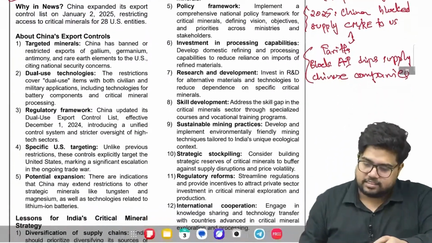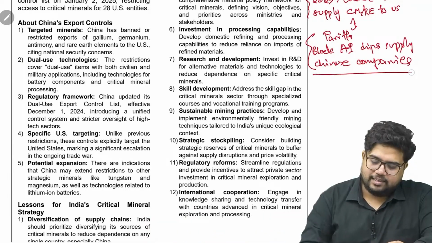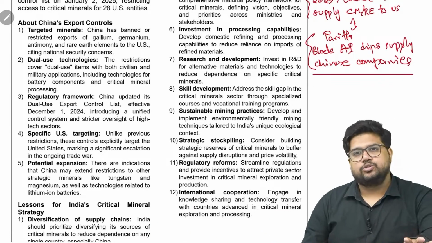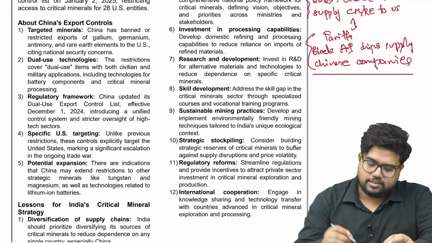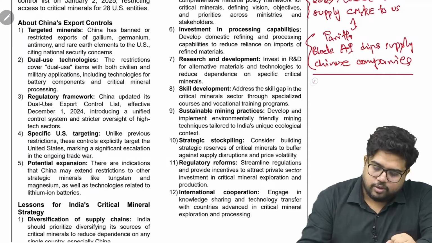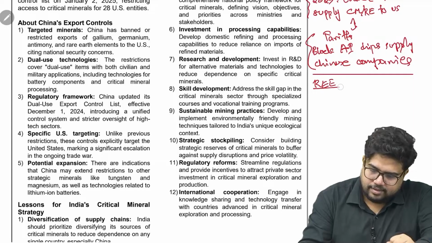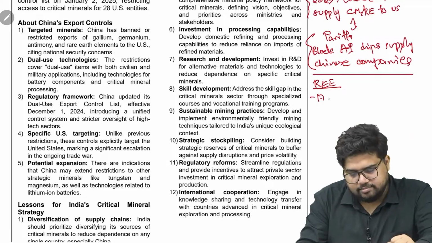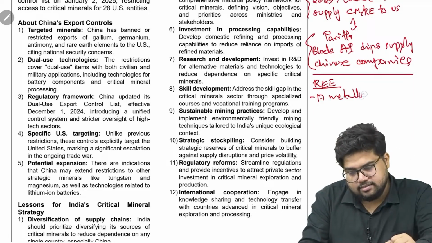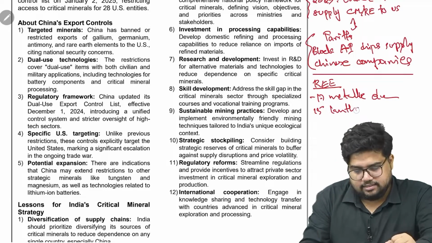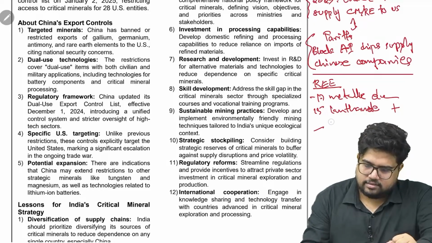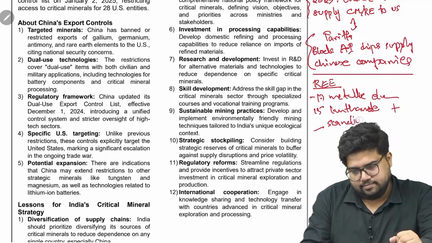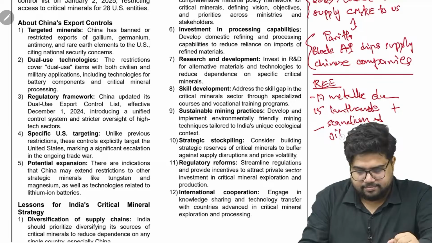Now, broadly speaking, what are rare earth and critical minerals? You should have a fair idea. Even though they are used interchangeably at times, there is a slight difference between them. What are rare earth elements? These are 17 metallic elements, especially 15 lanthanides, then 2 other metals which are scandium and yttrium.